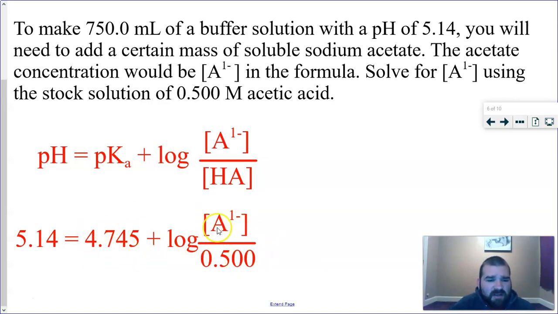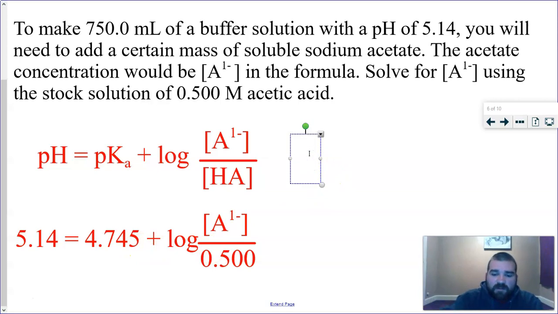The algebra here is a little funky, right? We have this log and we have our value of x inside that log, so we'll need to eventually unlog that, so to speak. But I can start doing some simple algebra. I can take the 5.14 and subtract off the 4.745. I'm getting 0.395.